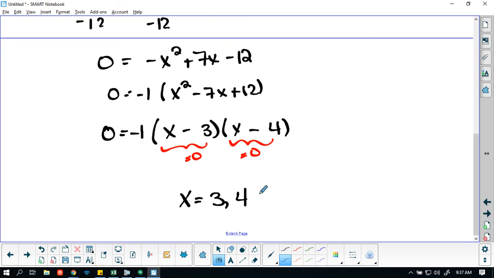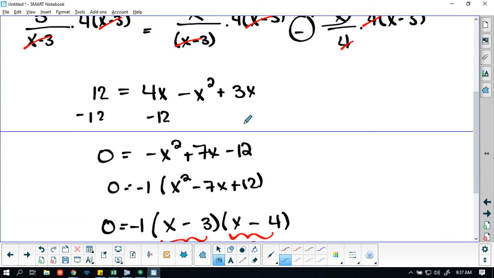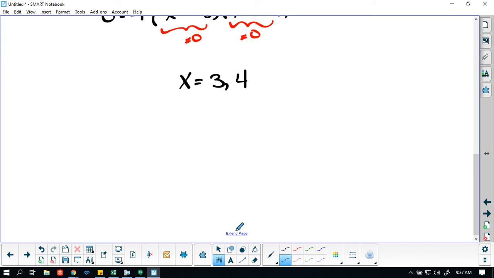But going back to the original equation, we said that x cannot equal 3. That is our extraneous solution. That means we do have a solution, which is 3, but when we substitute it back in, it's going to make our function undefined. So my final solution here is x equals 4.